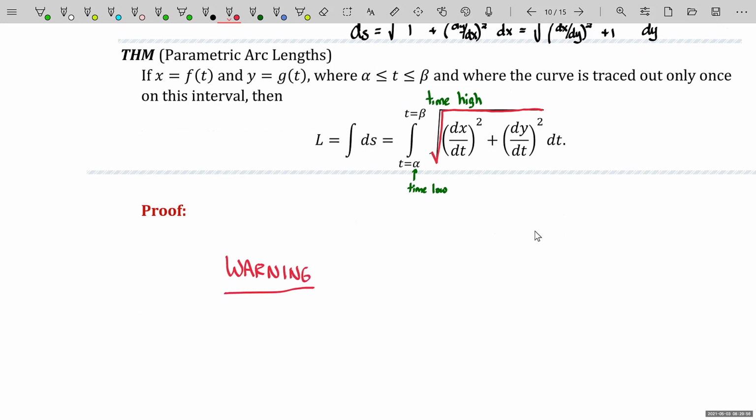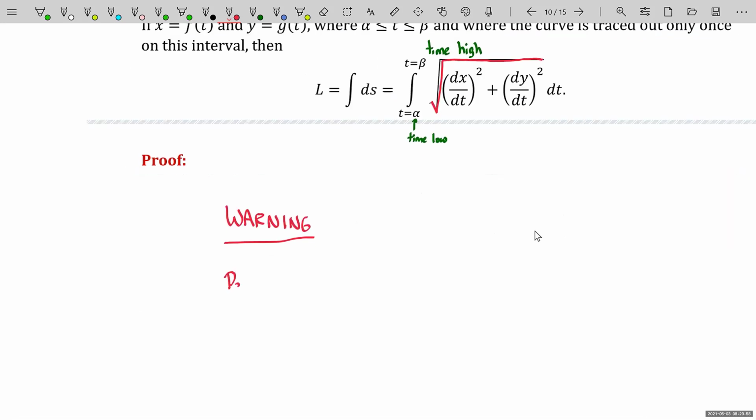The warning: parametric integrals go from time low to time high unless it's an area.